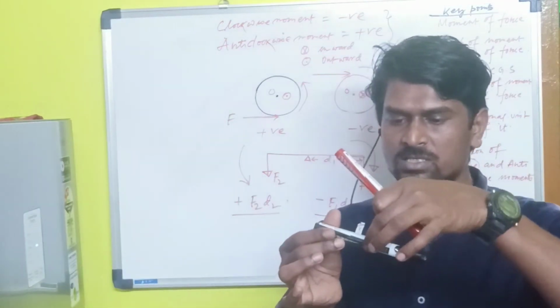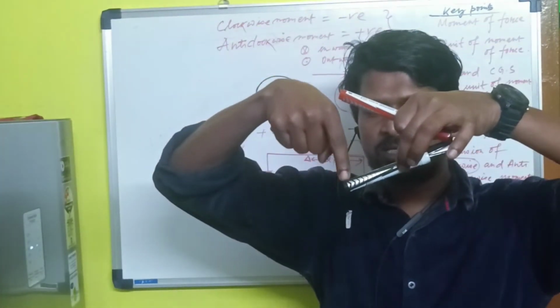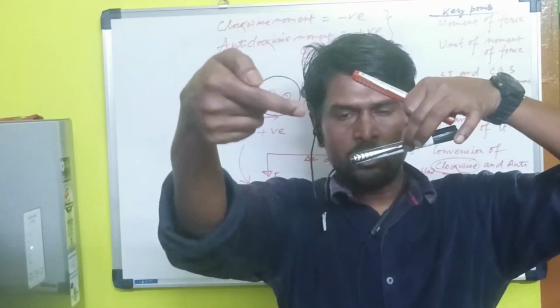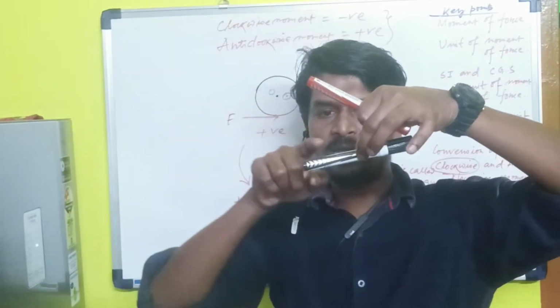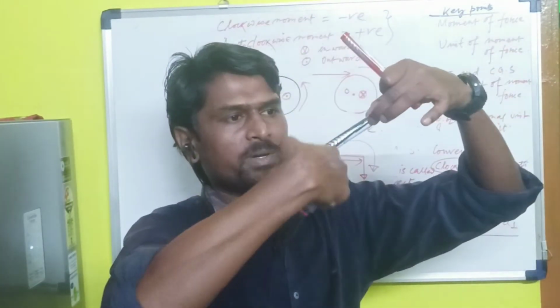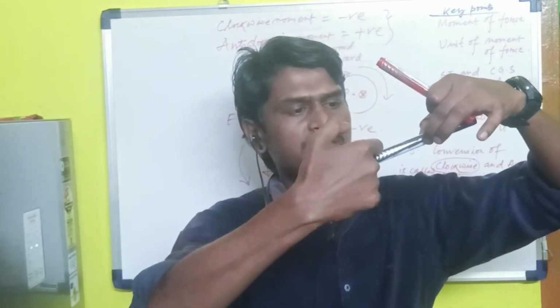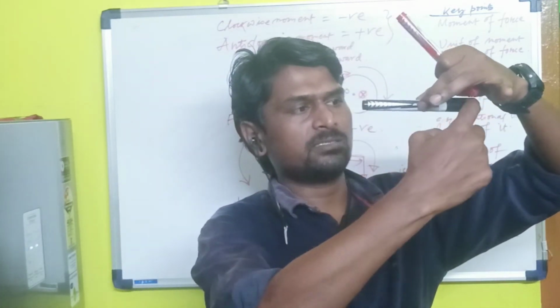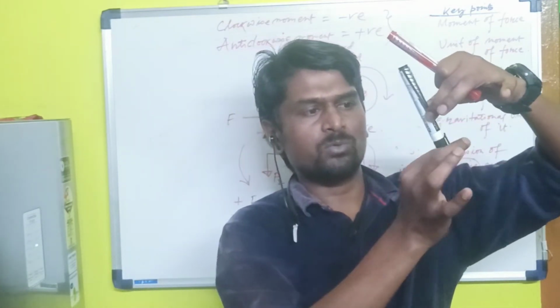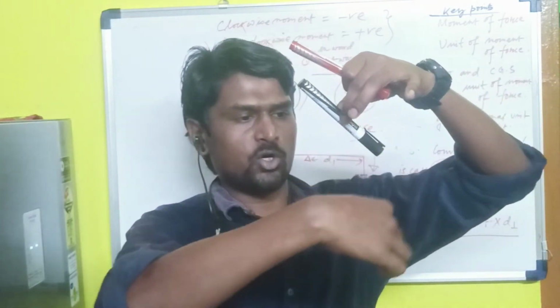Suppose this is a pen, and we apply a force along this direction. You see that this is clockwise, and from the other side you see that this is anti-clockwise. So for the particular viewers, this is anti-clockwise and this is a clockwise movement. If that particular force is greater than the other, then it rotates in a clockwise direction.